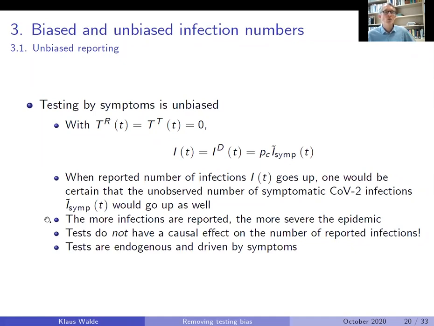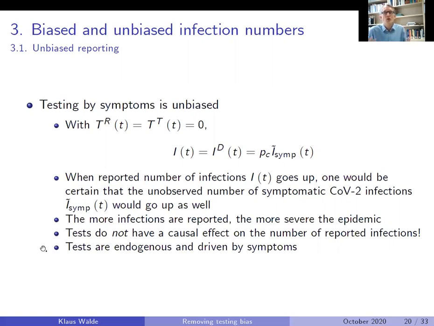Okay, so what does this also tell us about this issue of causality? So the point down here, the more infections are reported, the more severe the epidemic. So this is a good thing. We have a perfect observation here. And tests here do not have a causal effect on the number of reported infections. So the number of reported infections are not causally influenced by the number of tests. Why not?